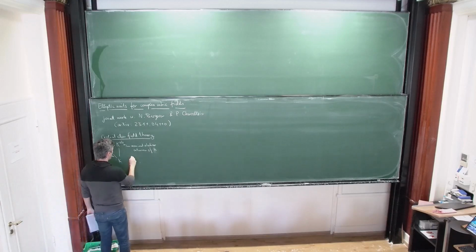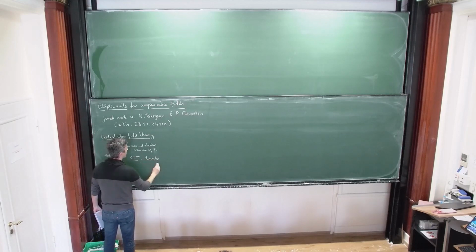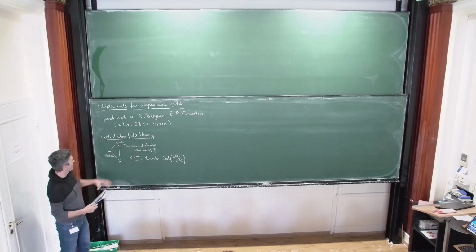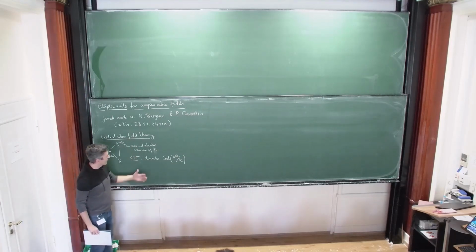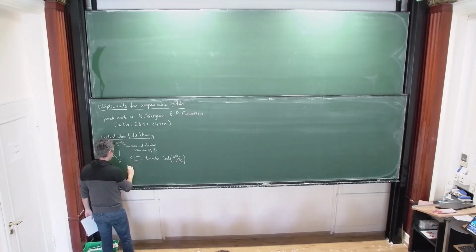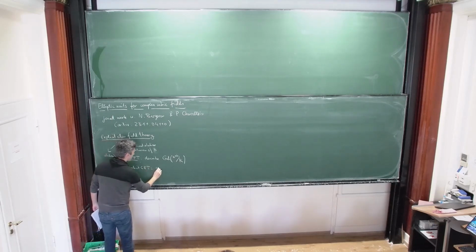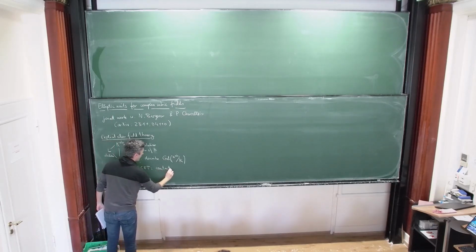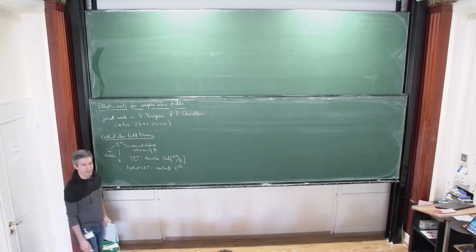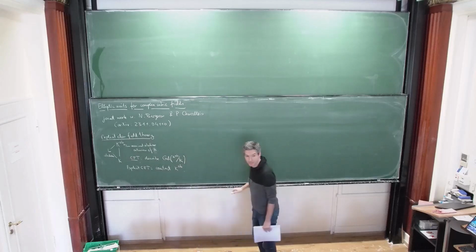And so class field theory describes the Galois group of this infinite degree extension in terms of data that are intrinsic to K. And so explicit class field theory is about constructing K^ab, which is a completely different problem.